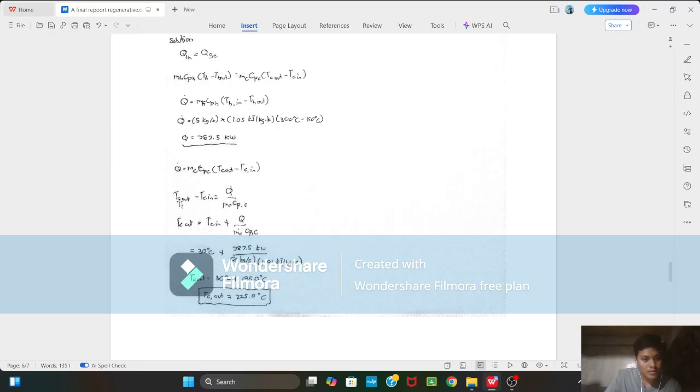Transpose: Tc out minus Tc in equals Q over mc Cpc, and transfer the Tc in to the other side, which gives Tc out equals Tc in plus Q over mc Cpc. Substitute the values so we can get Tc out equals 225 Celsius. So that's all.